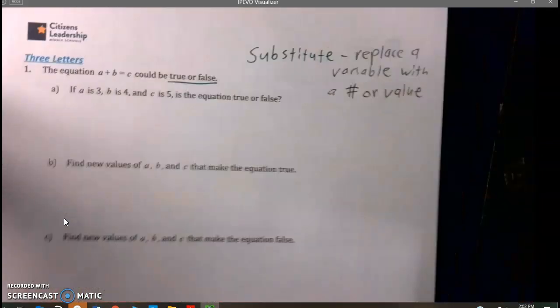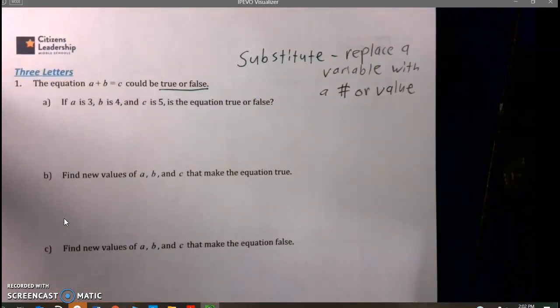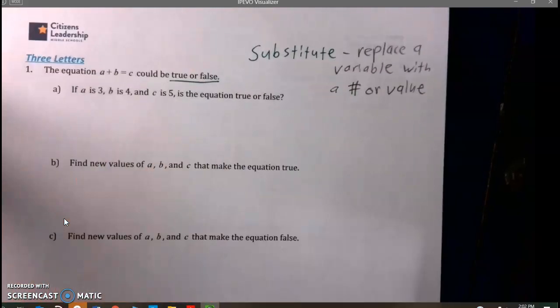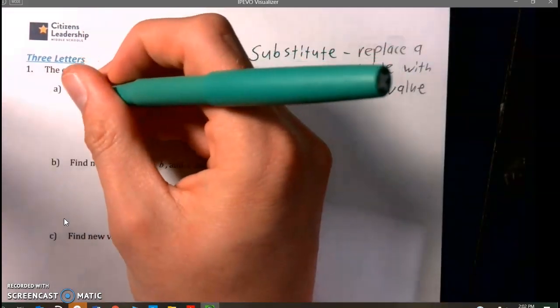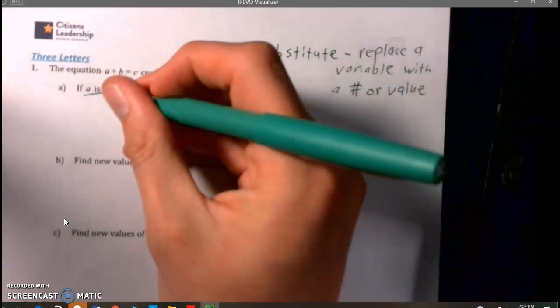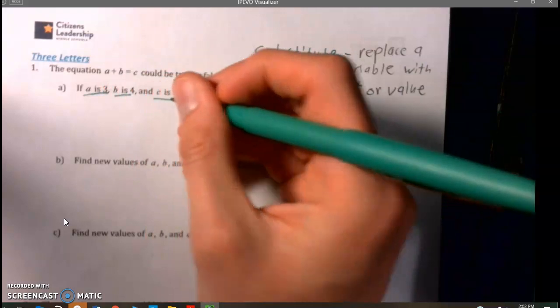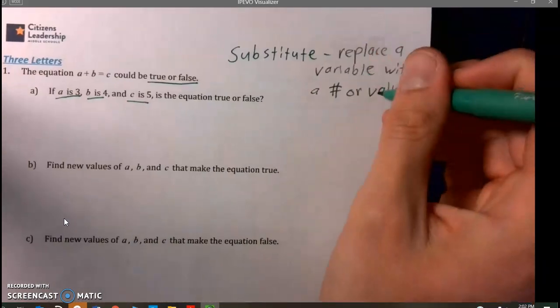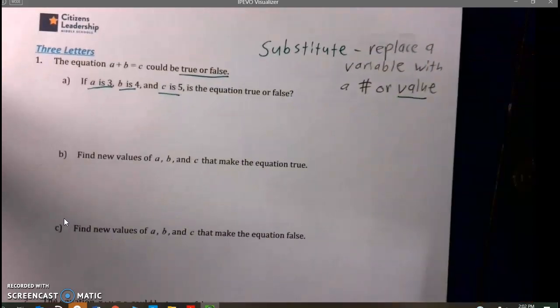Okay, so if we look at letter A, we were given 3 different values for our variables. It's telling us the value of A is 3, the value of B is 4, and the value of C is 5. So we use the word value to talk about the number that is assigned to a given variable.